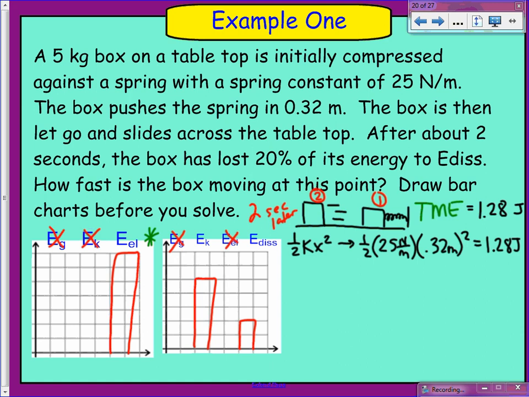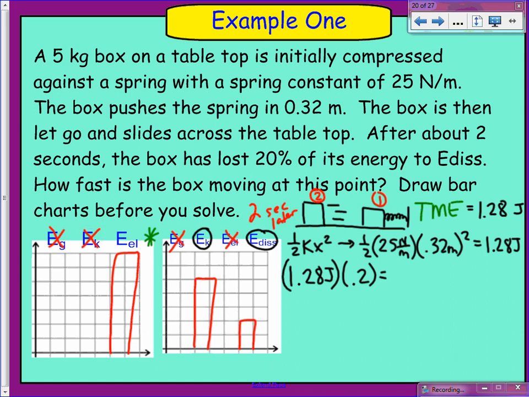So that tells me in bar chart number 2, the kinetic energy and the dissipated energy must total 1.28 joules of energy. Now we're told at 2 seconds later, 20% of the energy has been lost to E dis, or to friction. So what is 20% of 1.28 joules? Well, we just take 1.28 times 0.2.